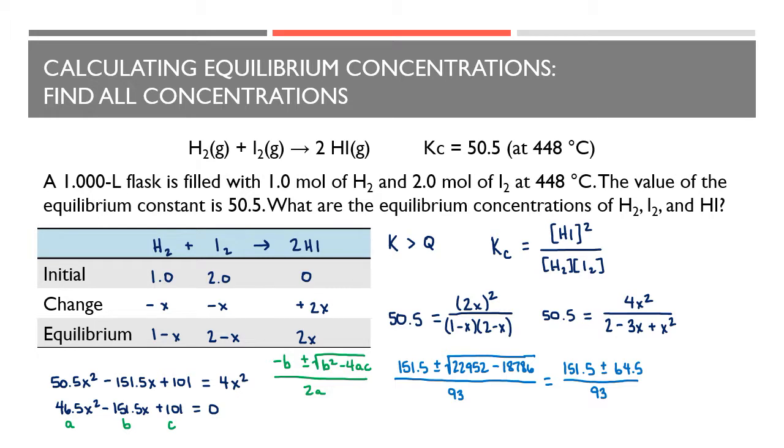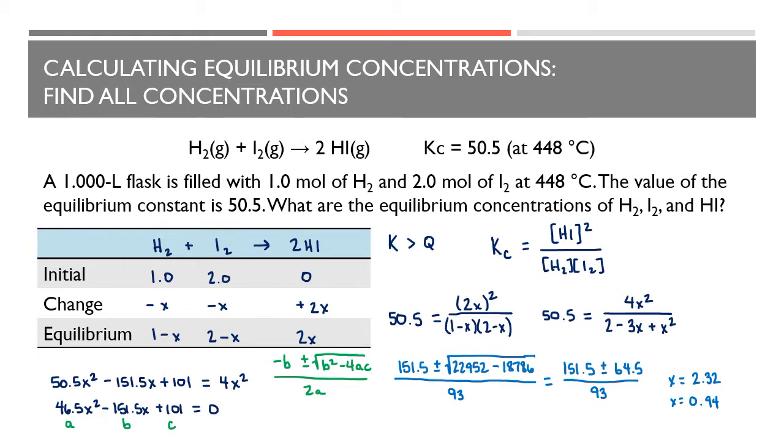I'm going to solve this two ways here. I'm going to solve it where I have 151.5 plus 64.5 over 93, and that's going to give me x equals 2.32. And now I'm going to solve for 151.5 minus 64.5 over 93. And that's going to give me x equals 0.94. So which one of these x's is valid?